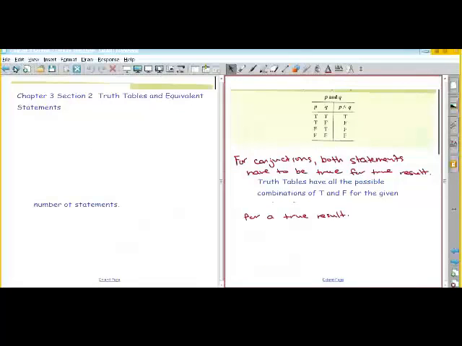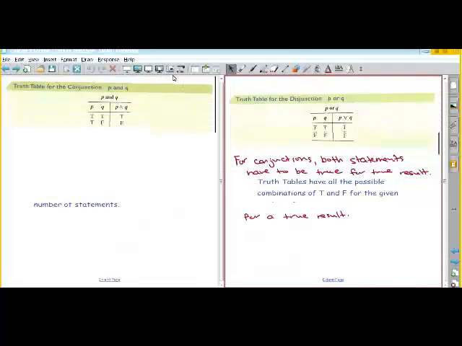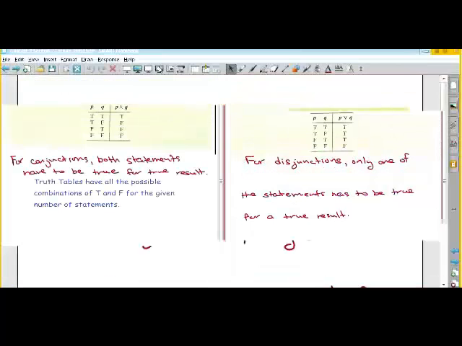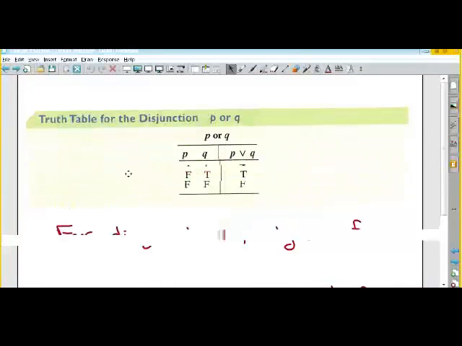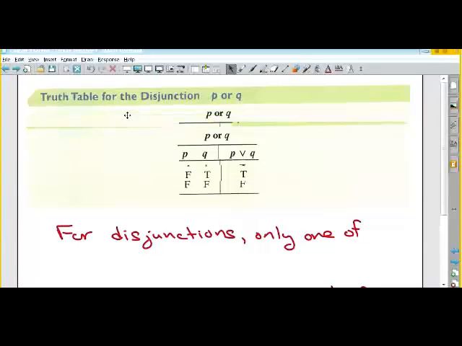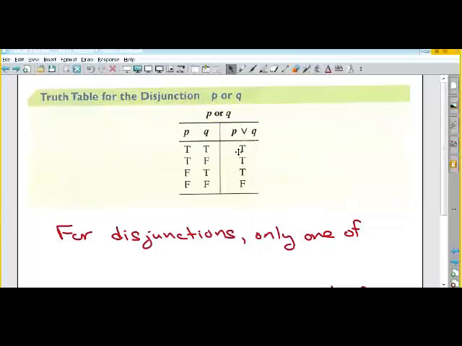Okay, so that's "and." Then you have one for the "or" statement. Again, these little green boxes are in your book. It's called a disjunction, and it uses an upside down V. For a disjunction to be true, you just have to have one or the other of the statements true.